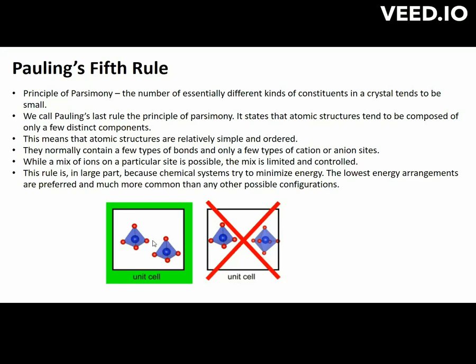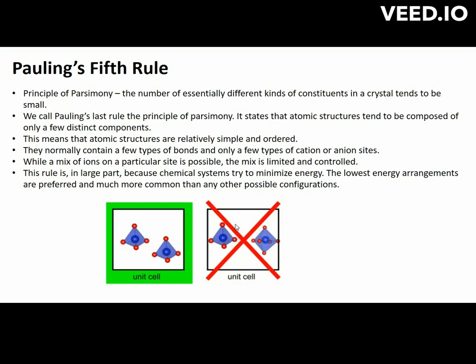That's why they are more stable than this crystal with more than one coordination environment, because now look: 1, 2, 3, 4 and then 1, 2, 3, 4, 5, 6. Can you see that this crystal has unit cells with more than one coordination environment? So this becomes unstable because we've got more than one.